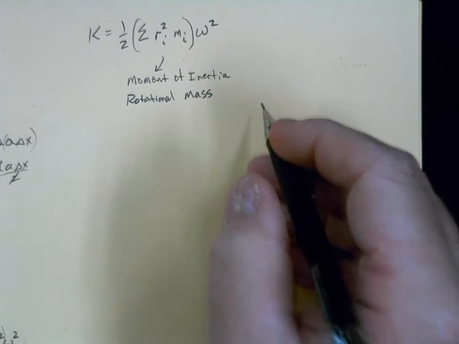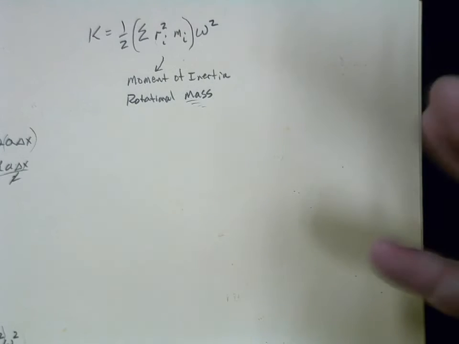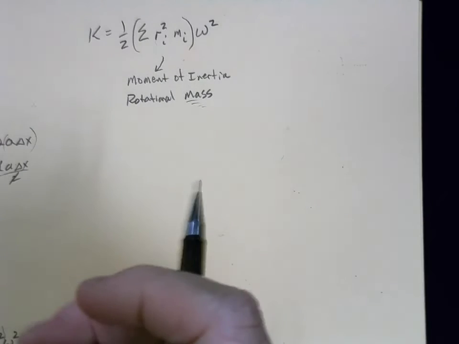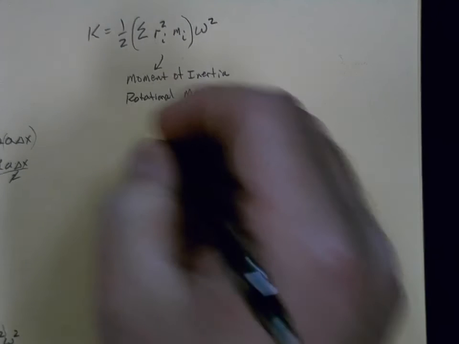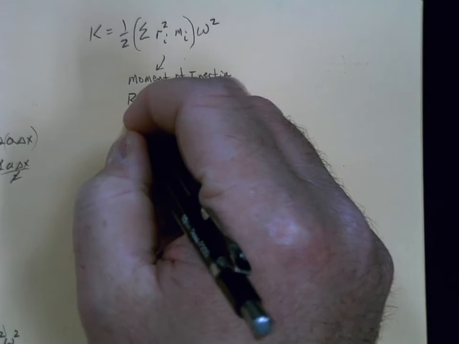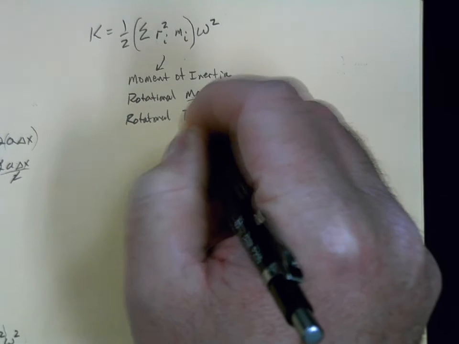Because another word for mass, because the more mass something has, the more difficult it is to move. And so that property of something that makes it difficult to move or difficult to change its motion is inertia. So we can also call this rotational inertia.